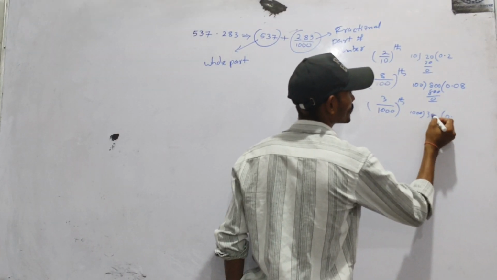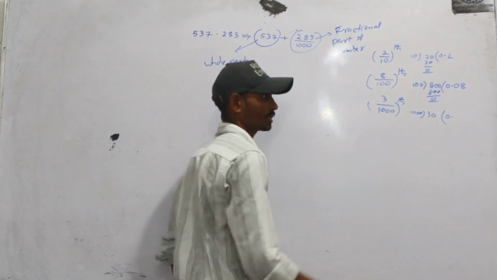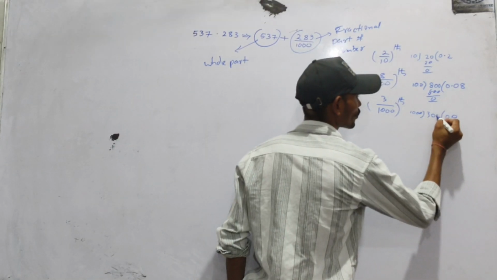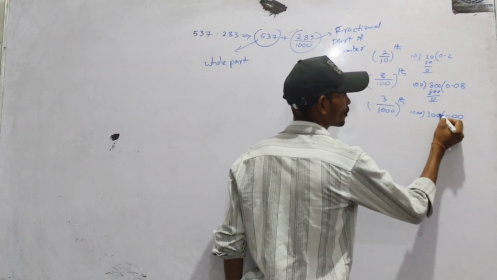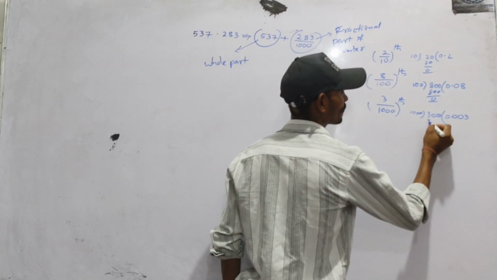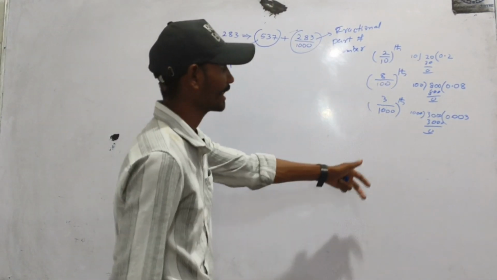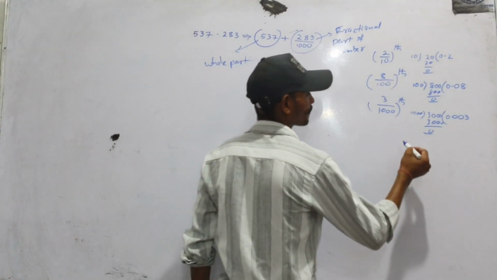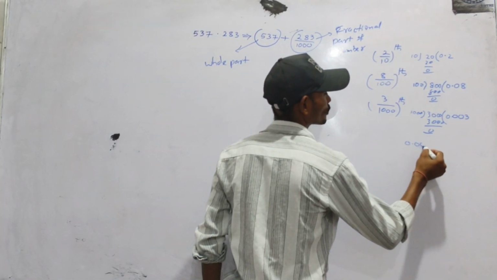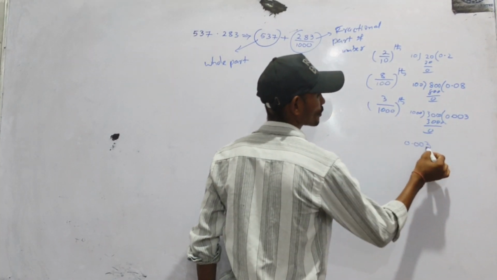Then 0 point, you take one 0, not sufficient, another 0, not sufficient, another 0, and 3 by 1000 gives 0.003. So whatever numbers you get, you add them. Observe carefully, this part is 0.003.